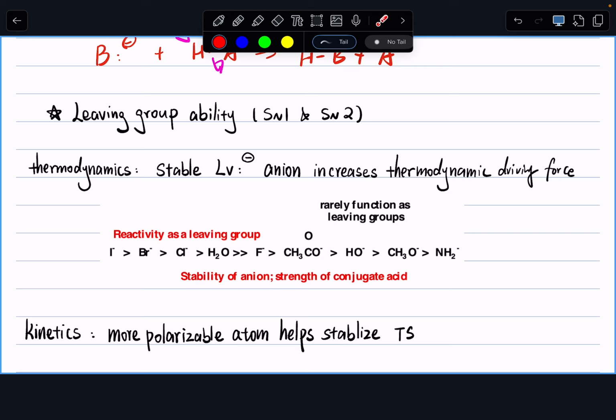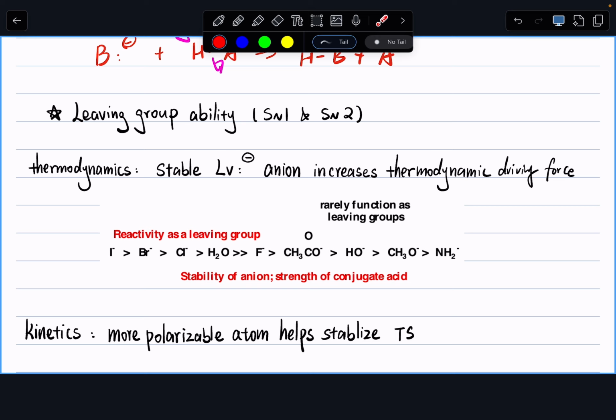And in here, we're talking about the strength of the leaving group. Typically, the larger group will be easier to leave because their size is larger, and it's easier to polarize them in the transition state. And the more stable the anion, the more likely it will leave.